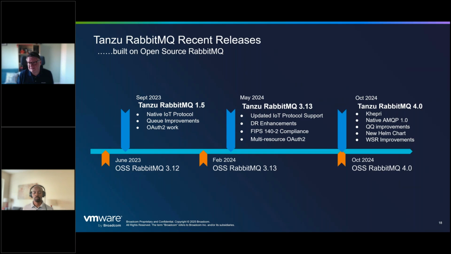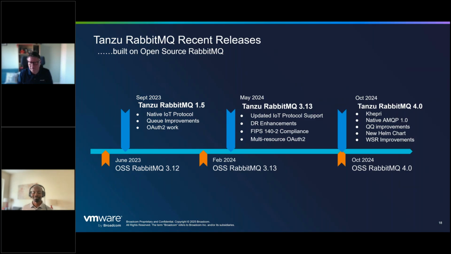That came in 3.13, and we also broke the mold with the naming convention, because historically, before 3.13, we had different release numbers and a different release cadence for Tanzu RabbitMQ as well as open source. In fact, when you were trying to work out what version of Rabbit you were on with Cloud Foundry, I think you needed a degree in mathematics.